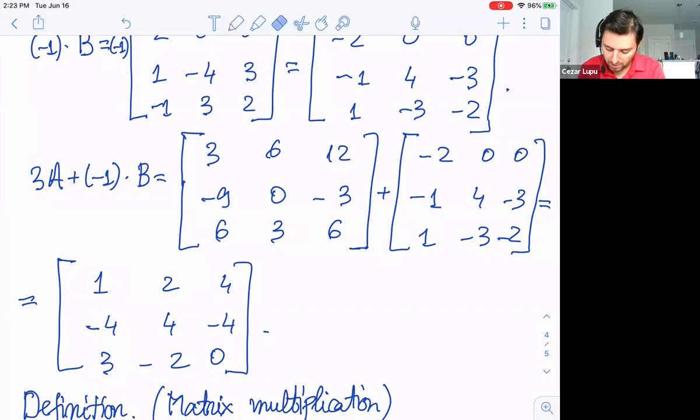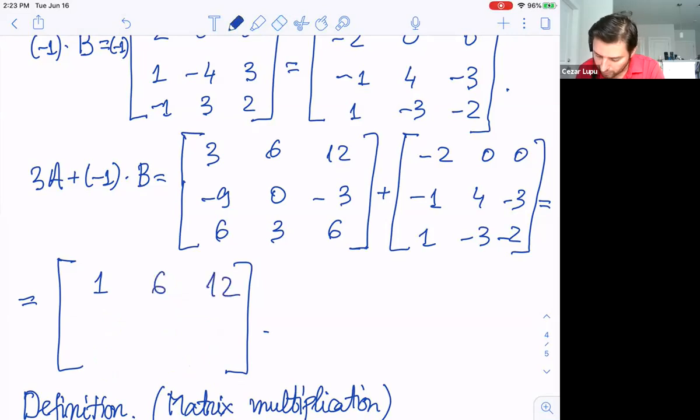Okay, let me just do it because I just copied it from my notes. So the first one is 1. This is 6. This is 12. This is -10. This is 4. This is -6. 7. 0. And the last one is 4.